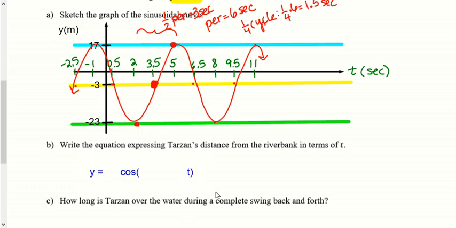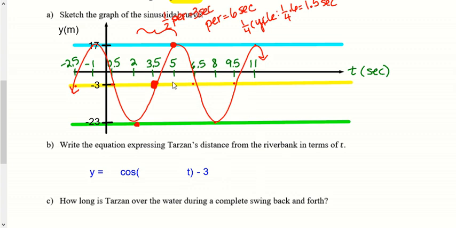So let's see where all these values are going to come from. The first thing that we can look at is where we have shifted our graph. We've shifted the middle of our graph right here to y equals -3 as the midline. That means that in order to move my whole graph down 3, I need to put a subtract 3 on the end of my cosine equation.